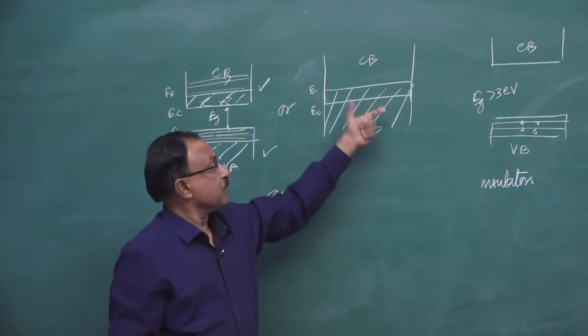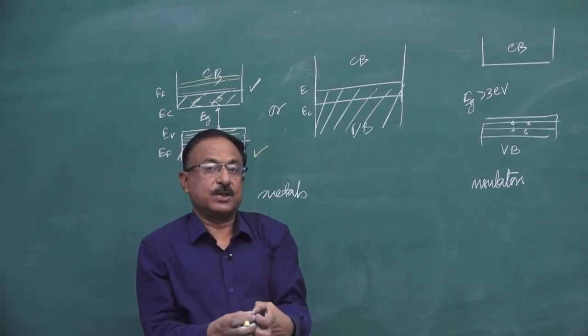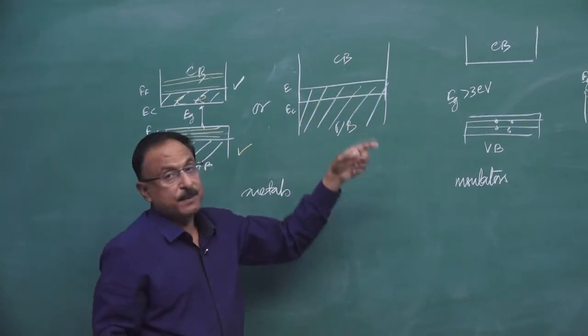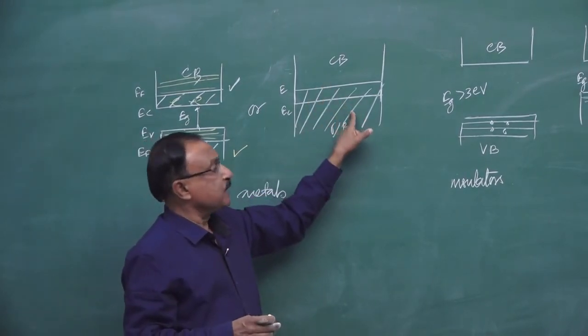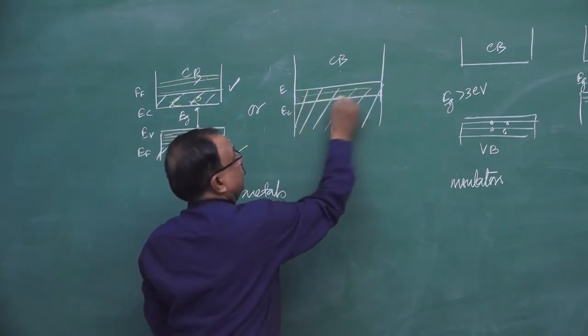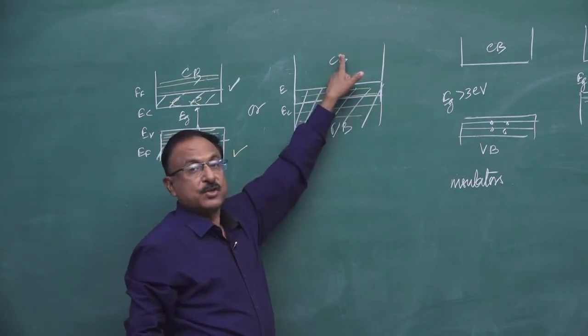The other case, which is the most common case, is that atoms are so tightly packed in the crystal structure of the metal that the conduction band and valence band overlap. When the conduction band overlaps the valence band because of the tight packing, the electrons of the valence band become part of the conduction band.